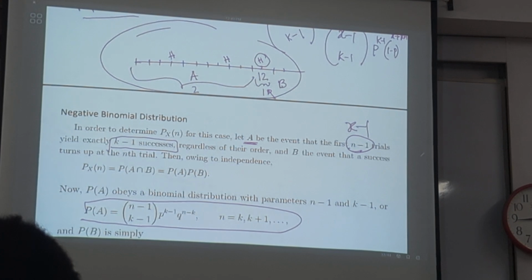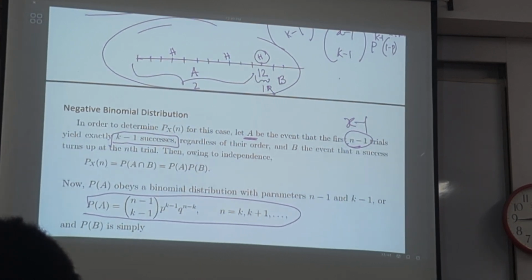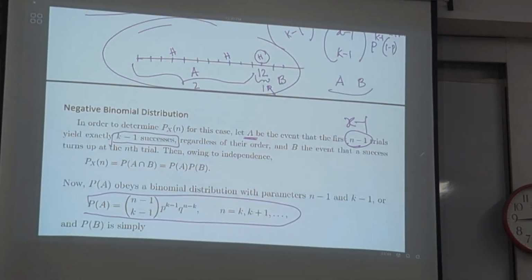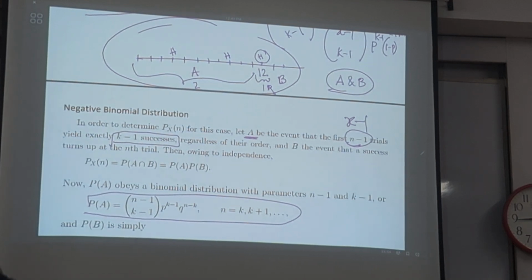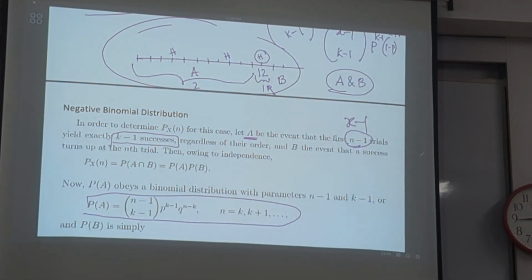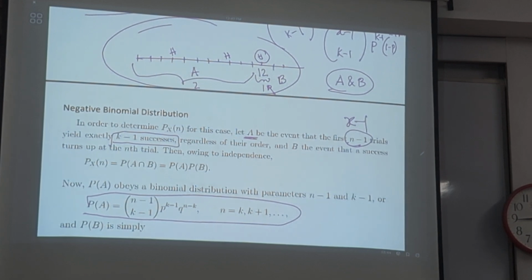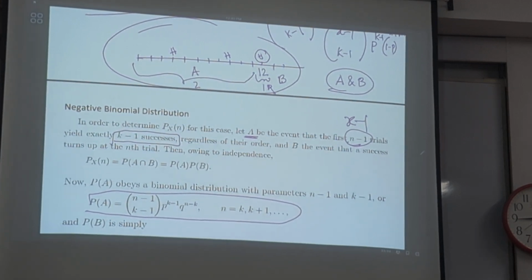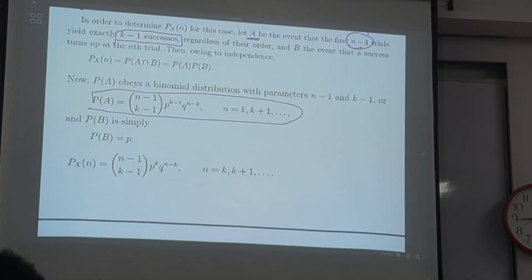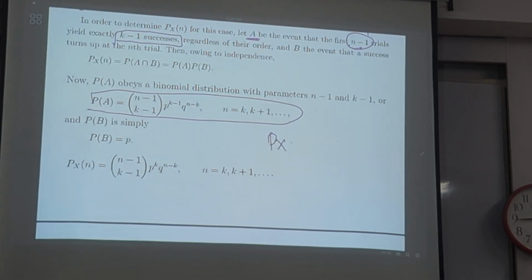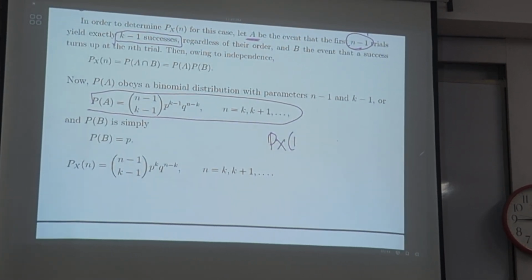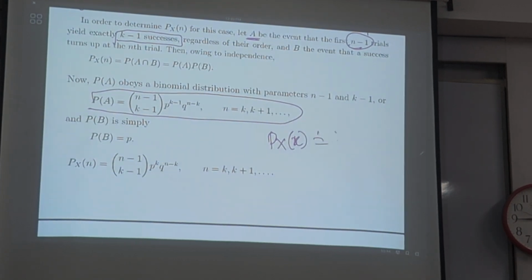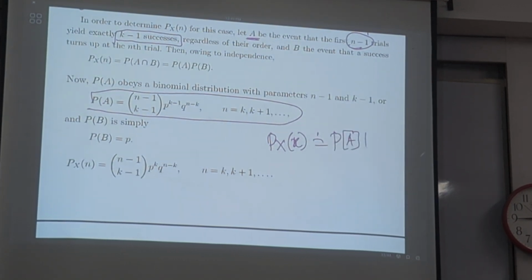Now, if both the events A and B occur together, then what will happen? You will get k heads in exactly x attempts: k minus 1 heads in x minus 1 attempts and 1 head in the last attempt, and the probability will be the product. So the PMF of X for the value x will be equal to the probability of occurring event A times the probability of occurring event B. What is the probability of A?